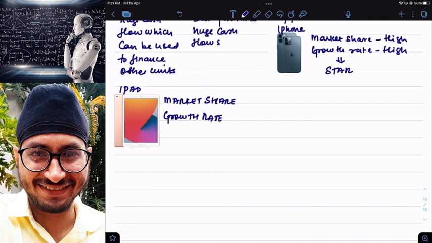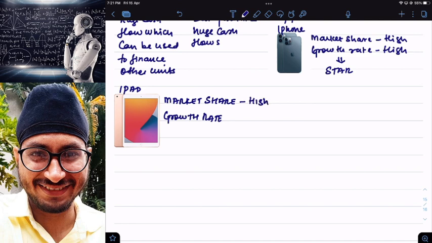Clear? Now, sir, tell me which company is having a very high market share in the tablet industry? It is Apple. Not only in India, anywhere in the world, tablet means Apple only. Tablet is a synonym to Apple. The tablet concept was started by Apple only. That is why iPad's market share is very high.